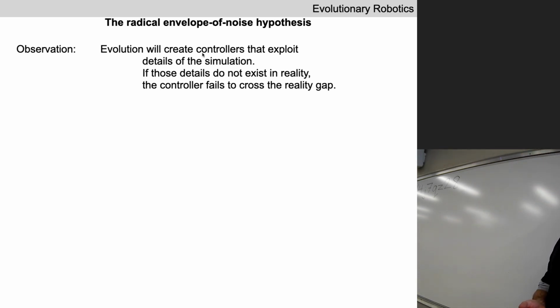And it was very quickly realized that, and you've probably realized this as well now, evolved controllers will exploit details of the simulation. Have you noticed that in your own work? In what ways is your parallel hill climber starting to evolve things that are not quite realistic about your physics engine?